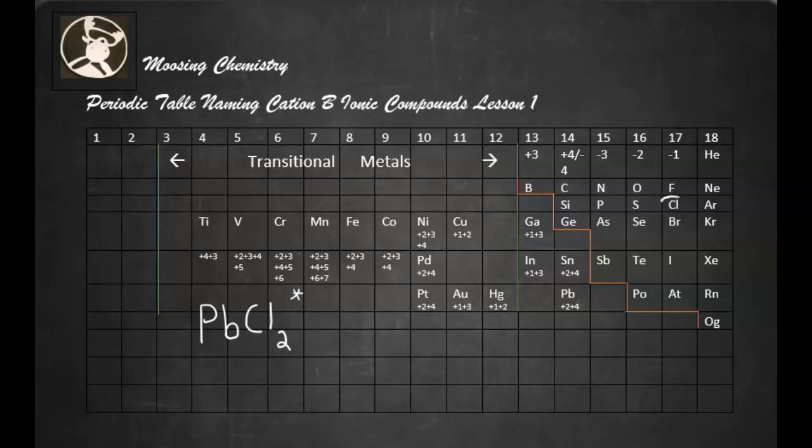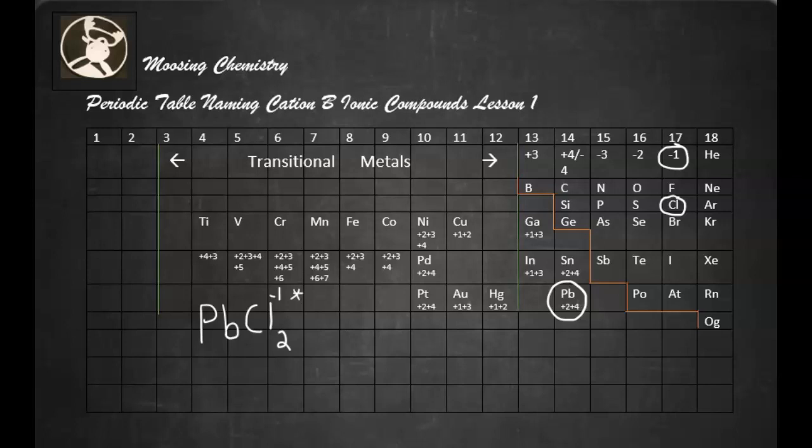So chlorine itself is a -1 charge because it's in group 17. So we're going to put a -1 up there. Pretty cool, huh? Now, although we know that lead is in group 14, it's supposed to have a +4 or a -4 charge, that may not work out the way we think it's going to work out, right? So let's take a closer look. 2 times -1 is -2.